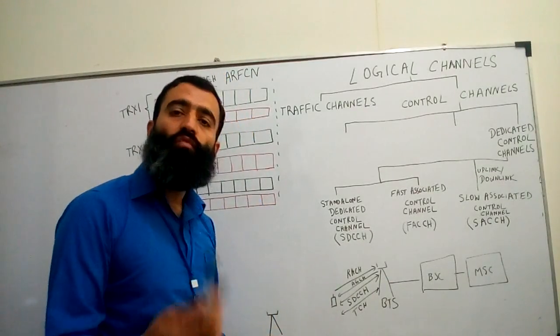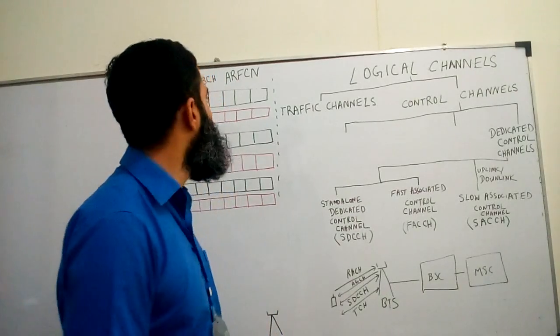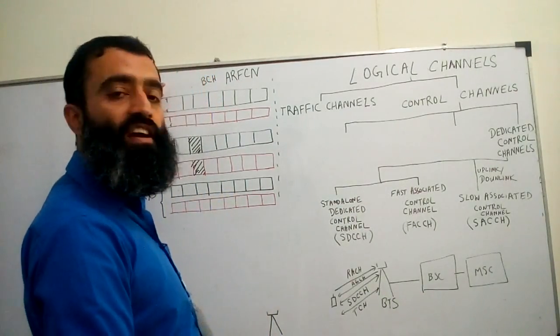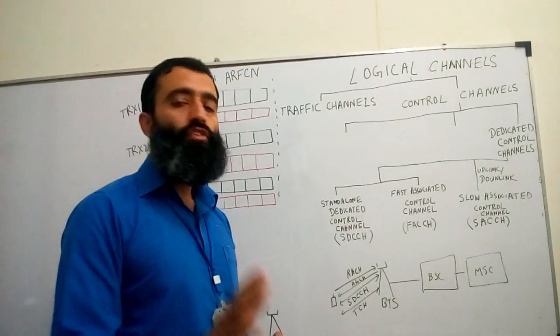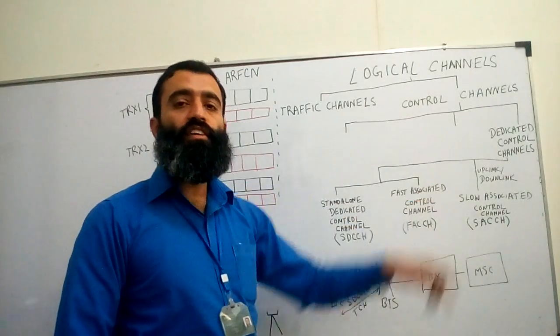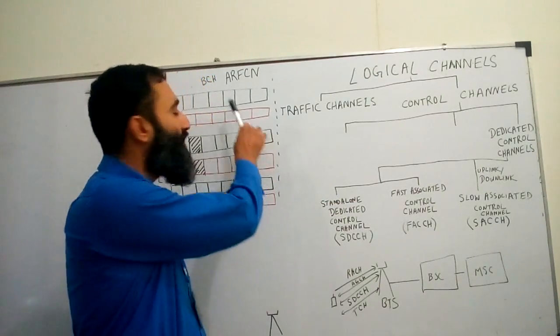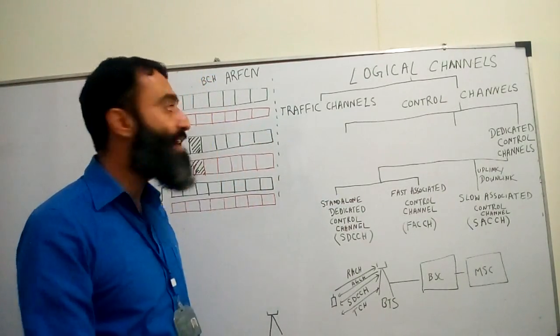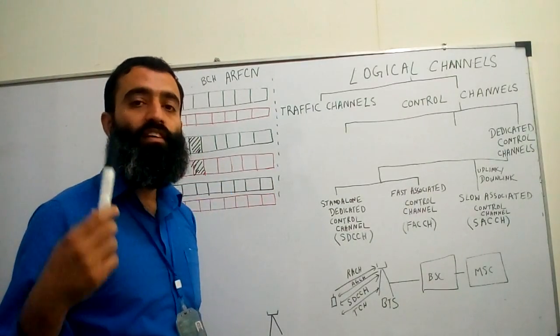Now, as we talked about earlier, the common control channel and the broadcast control channels are assigned on the first time slot of the TRX number 1. But on the contrary, the dedicated control channels, like the TCH channels, can be assigned on any time slot except the time slot number 1 of the TRX number 1.